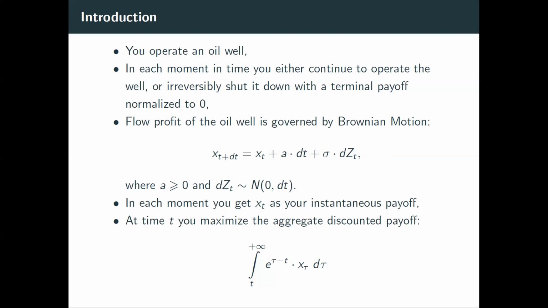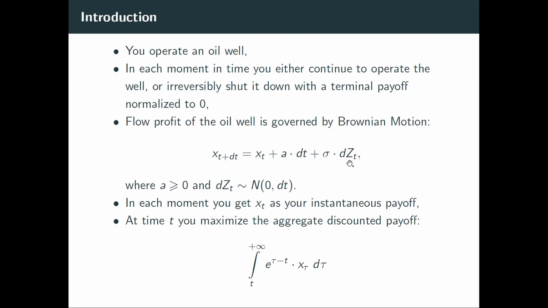In the mathematical lecture, that is, the value of this process in the very next instant is almost as it was before, plus some deterministic change and plus some random change. Here we assume that this drift is non-negative, so you have a positive deterministic component in terms of profit.